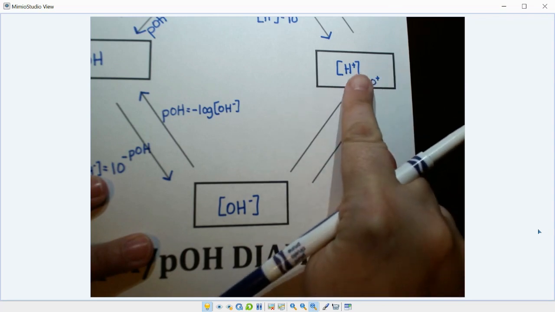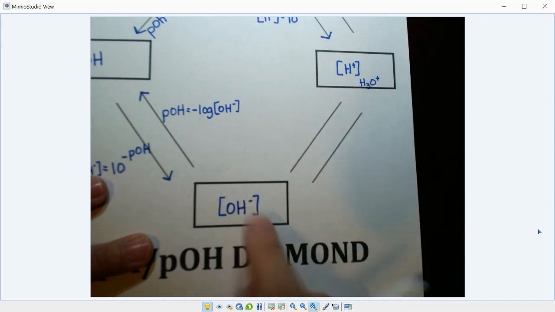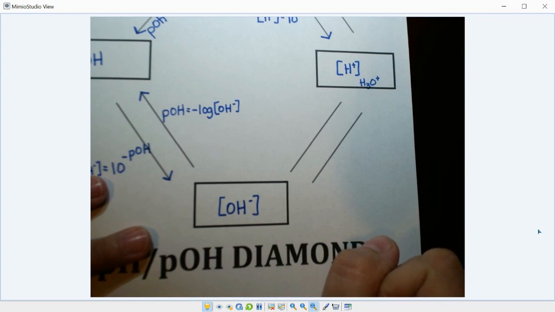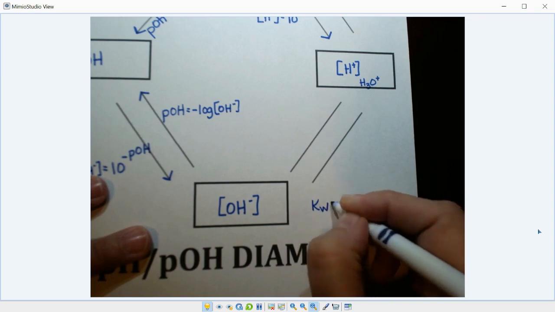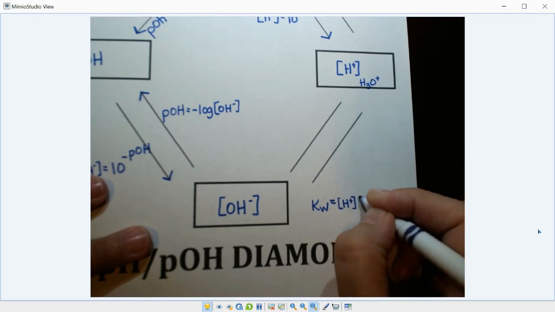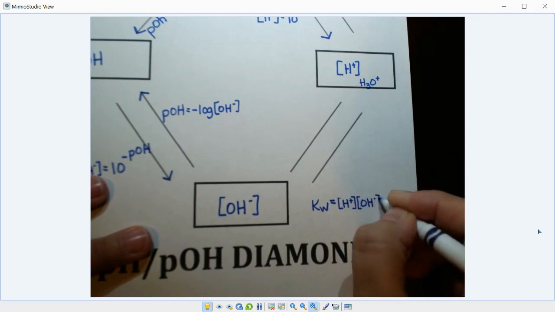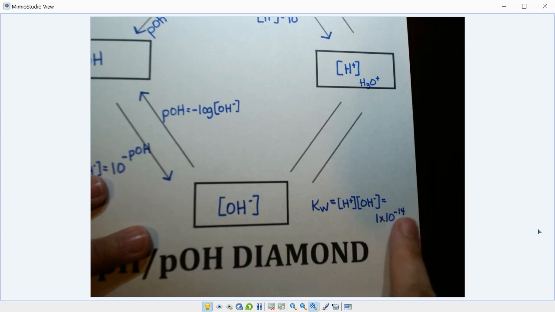So if I combine the H plus and the OH minus, both of those being likely to be found every 1 times 10 to the negative 7 times in water, there's a relationship called KW that says the product of those two concentrations is equal to 1 times 10 to the negative 14. Because if you remember your log rules, when I take 1 times 10 to the negative 7 times 1 times 10 to the negative 7, I actually add those exponents together.